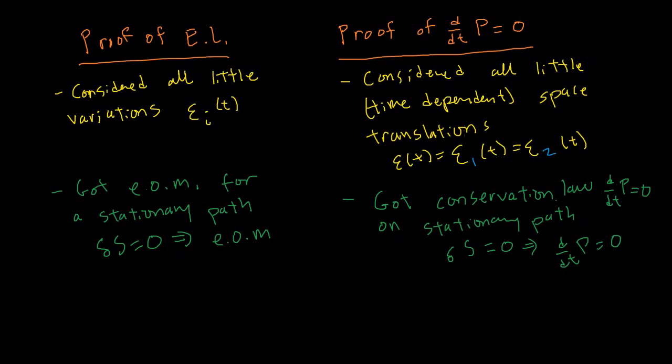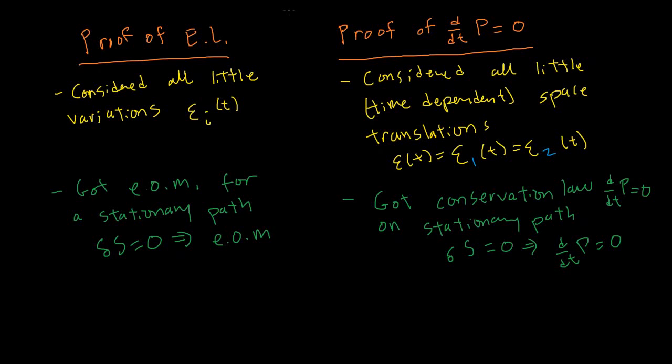So because we only considered a subset of tiny variations, and not all the possible tiny variations there were, instead of getting our full equations of motion, we got something a little bit weaker, but also something a little bit more insightful, which is that we got our conservation law, right?